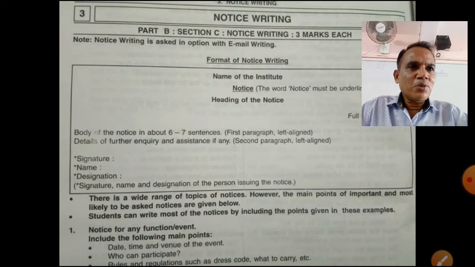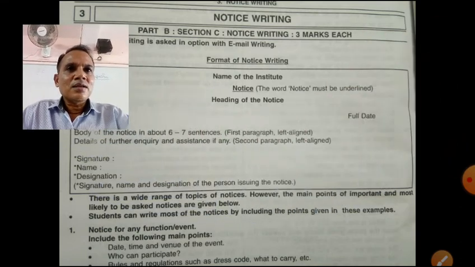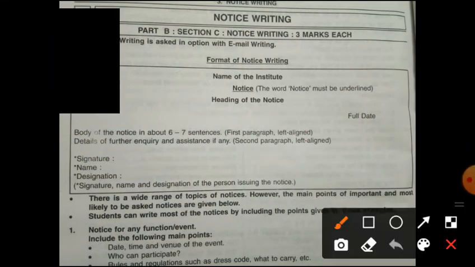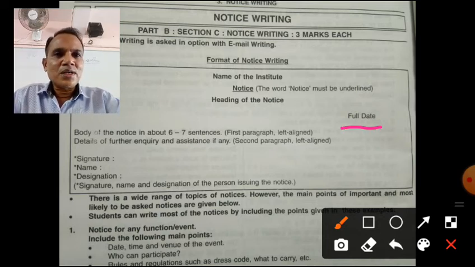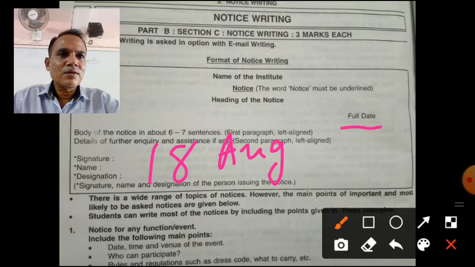Then the very important thing, the date. The full date is written. For example, today it is 18th August, then we write a comma and 2020, full stop.